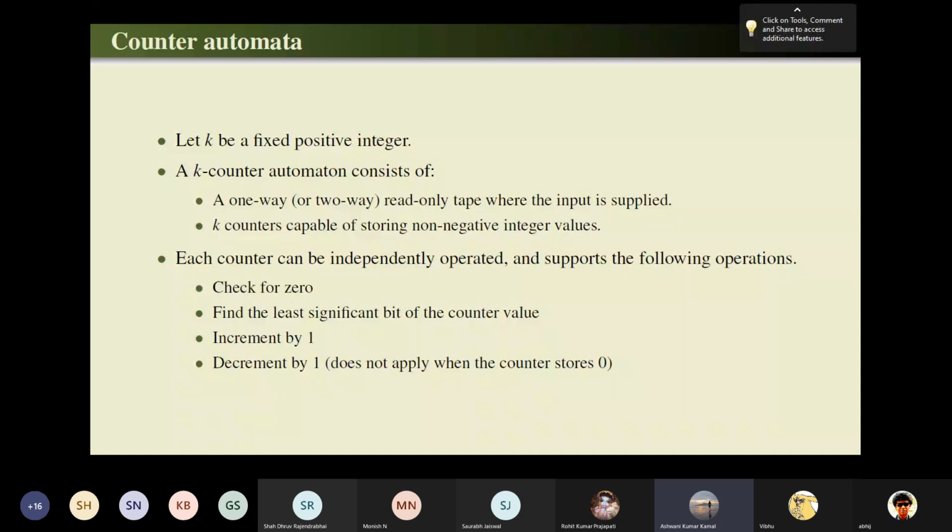If I take k equal to 2, then this counter automaton becomes as powerful as a Turing machine in terms of language recognition, but it will be very, very slow. Slowness is for the moment not a matter of concern to us.